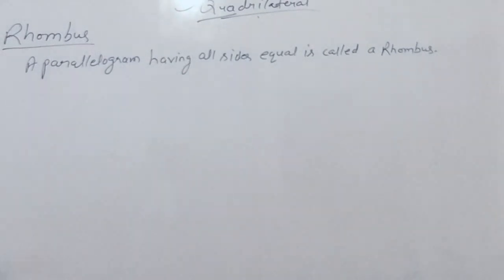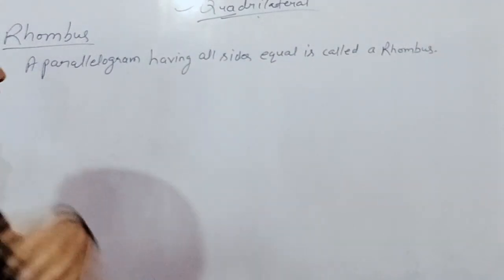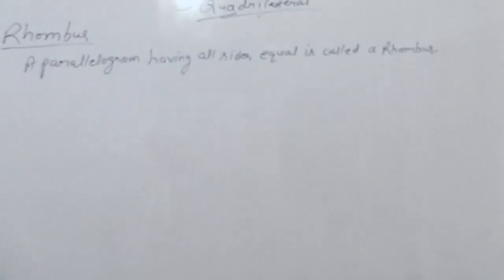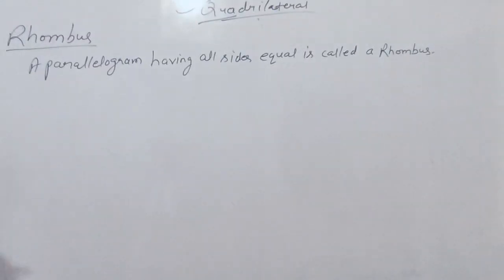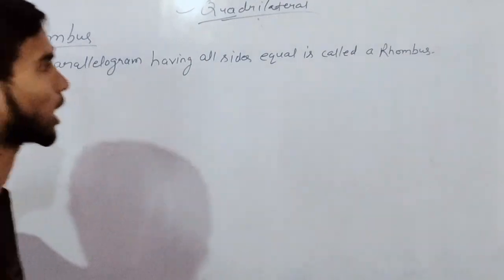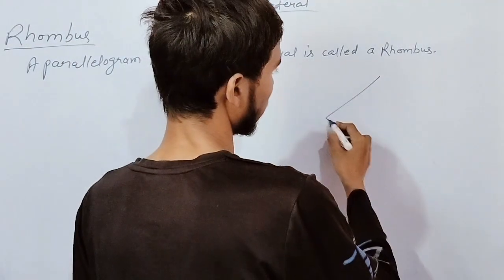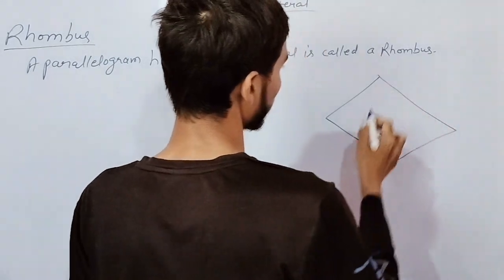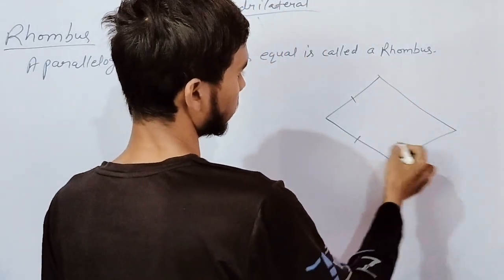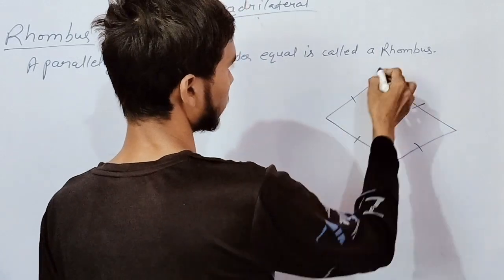It is also a parallelogram, but having all sides equal is called a rhombus. But the angles can be different. A rhombus looks like that. So the measure of this would be the same, the measure of this would be the same.